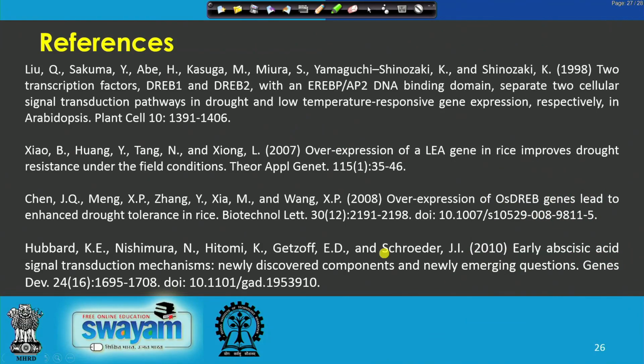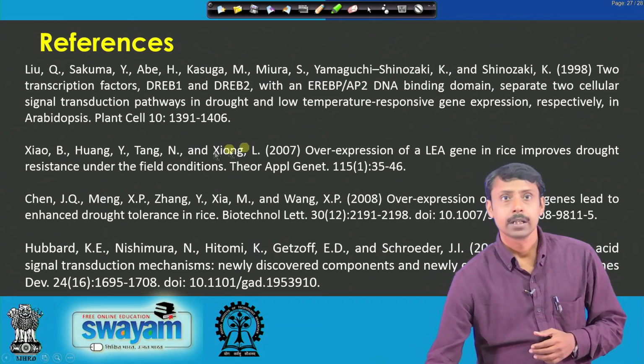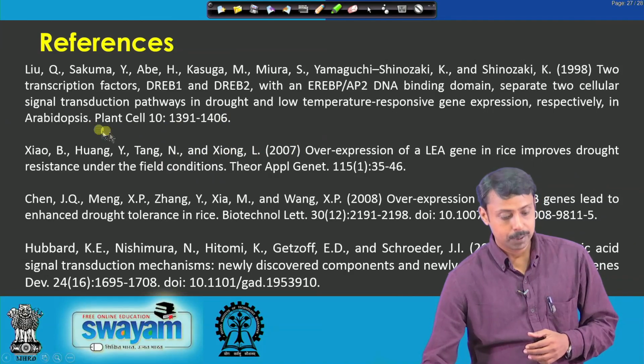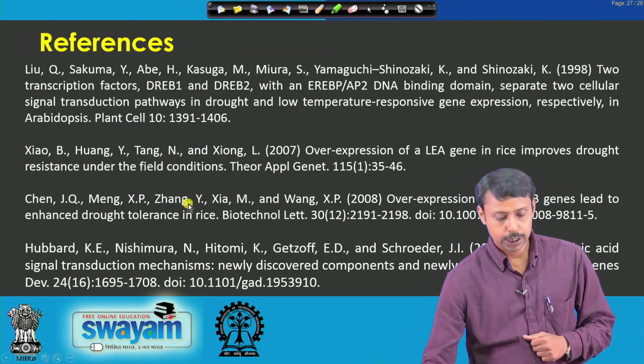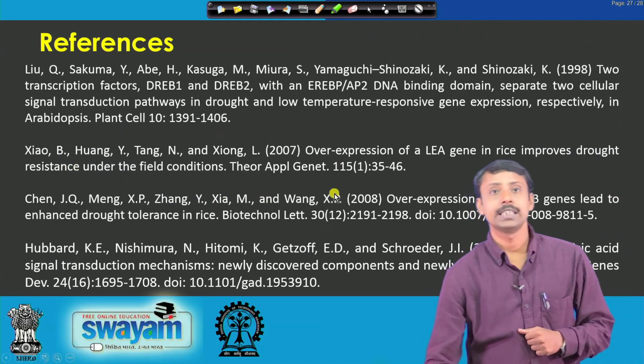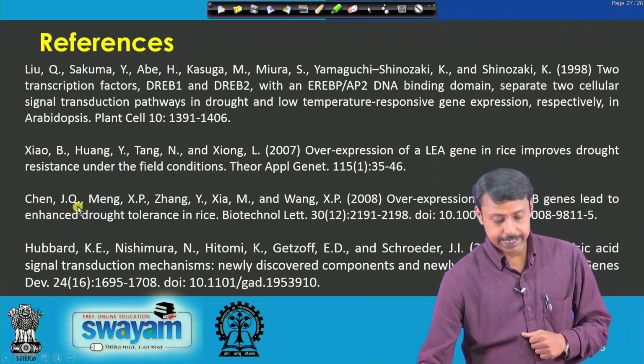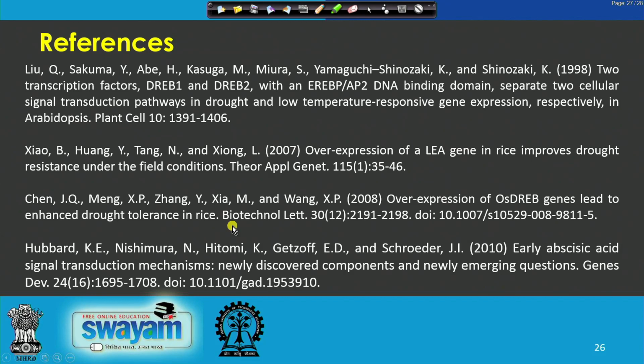So, these are the references for today's topic. The first one was published in Plant Cell by Liu et al. Then Xiao et al. published in Theoretical and Applied Genetics. Then Chen et al. published their work in Biotechnology Letters.